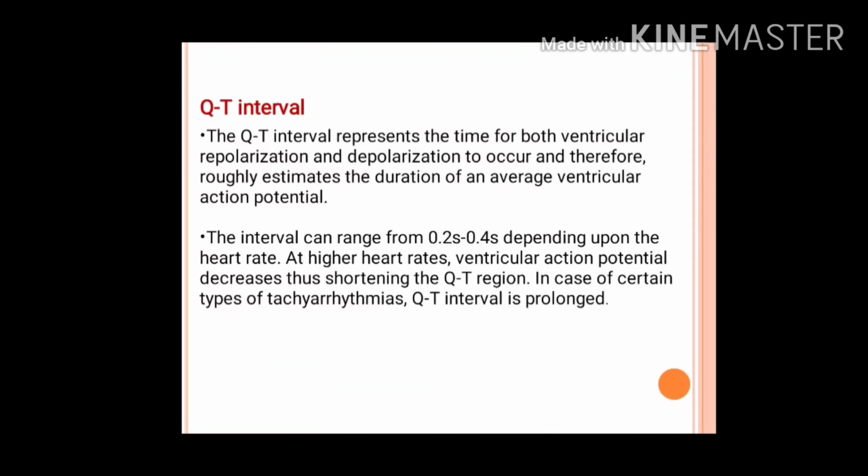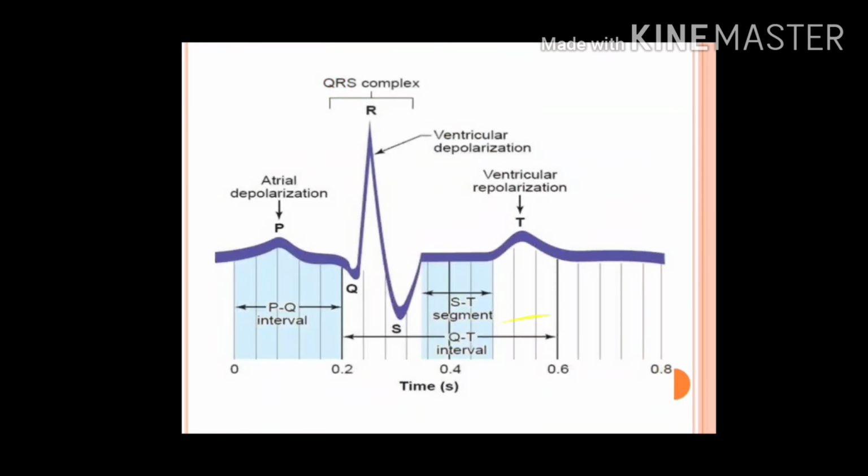Next, we have the QT region. The QT region is the region from Q till T. So we have seen from Q to S when the ventricular depolarization was taking place, and after that the ventricle was coming back to its original state. That means ventricular repolarization was occurring. So overall, from Q to T, it was the ventricular depolarization and repolarization period.